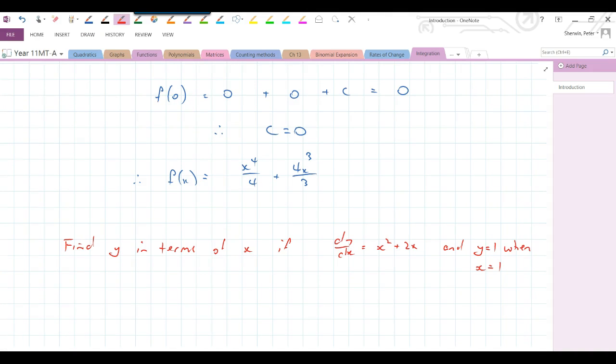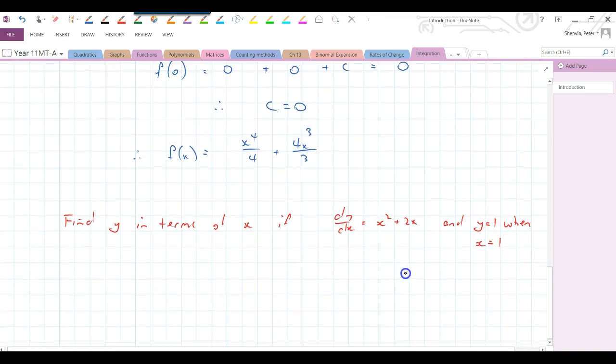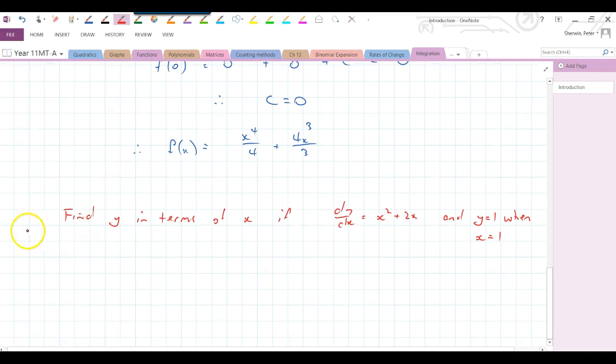Okay, one more example here, just before we get stuck into some questions of our own. Find y in terms of x if the derivative function dy dx is x squared plus 2x. Again, I'm going to go through just so that we understand, y to dy dx, that way there is differentiation.